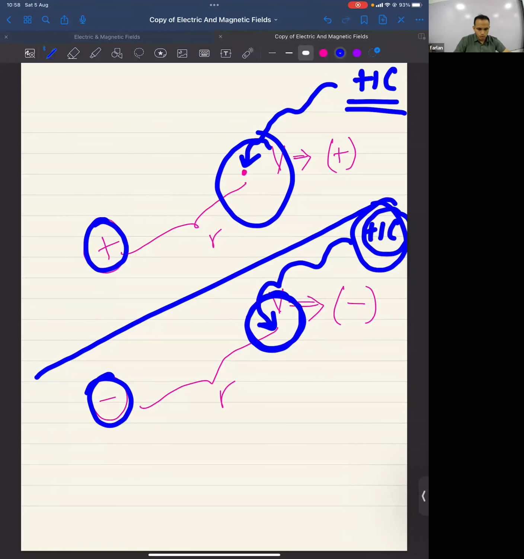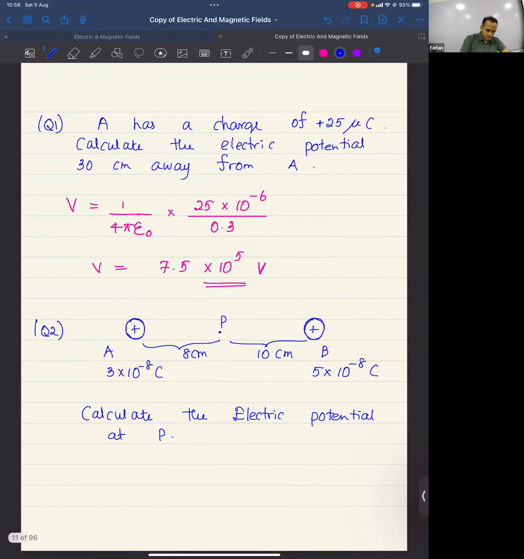Is that clear? So coming back to this question, since A is positive and B is positive, you can just add the potentials.